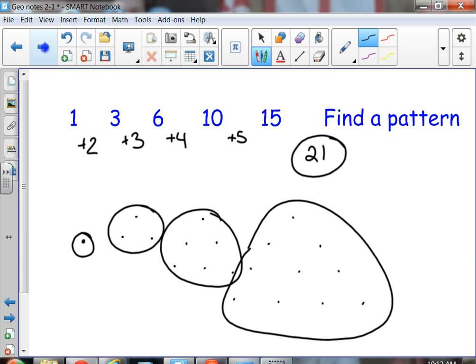What's happening here? In this one, how many did we add? We added 2. Then we added. How many are going to be in the next one? Add 5. So this many plus 5. All right, so on your homework, you probably have to do the little dots.